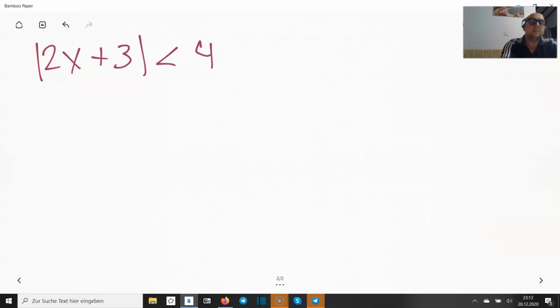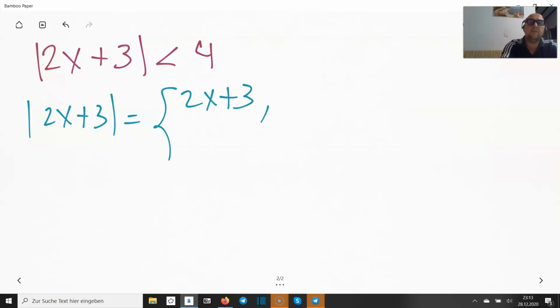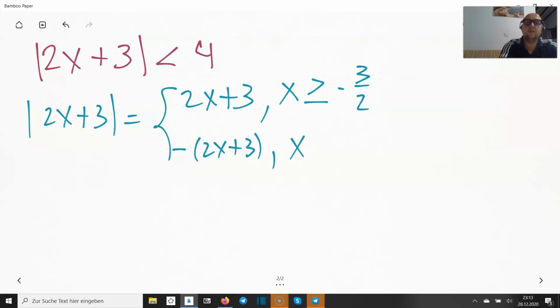We have the absolute value of 2x plus 3 is 2x plus 3 if x is bigger or equal to minus 3 halves, and otherwise it's minus, 2x plus 3, if x is less than minus 3 halves. So that's the story.